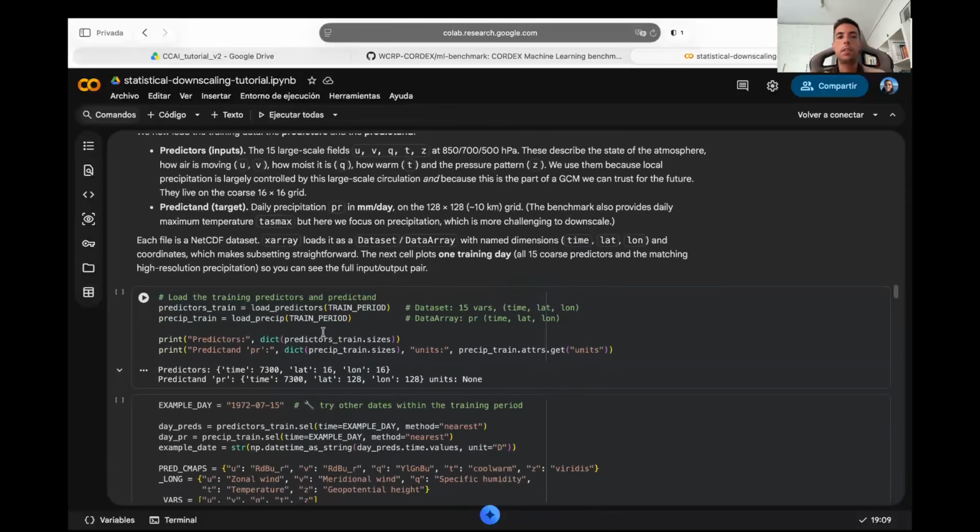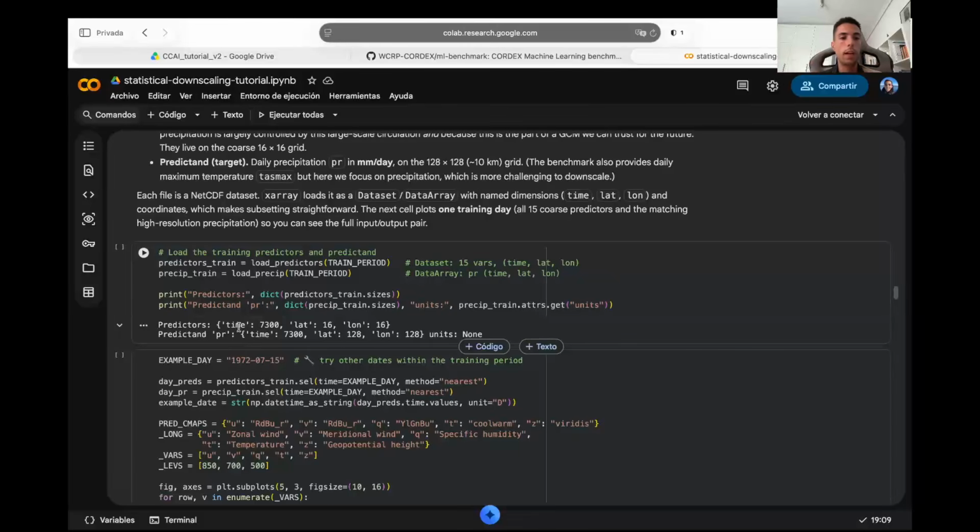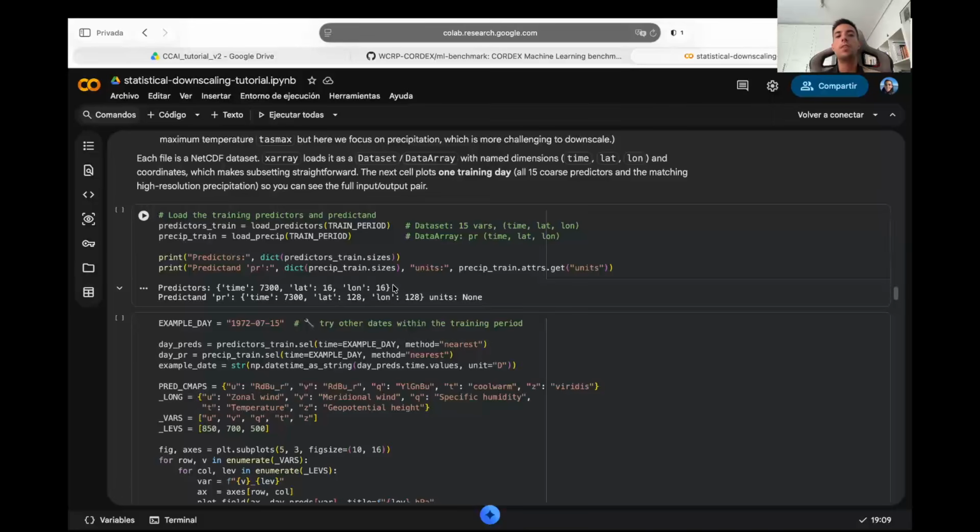Again, the data is in the NetCDF format, which is the standard for climate applications, but by using xarray, we will be able to work with this NetCDF data in Python in a straightforward way. So that's what I do here, and you can see the dimensions of the predictors input and the predictand or target. For both the predictors and the predictand, of course, because they are aligned in time, the temporal resolution is daily.